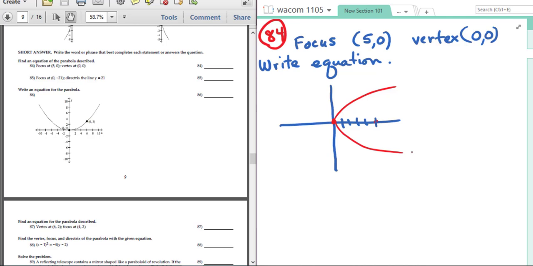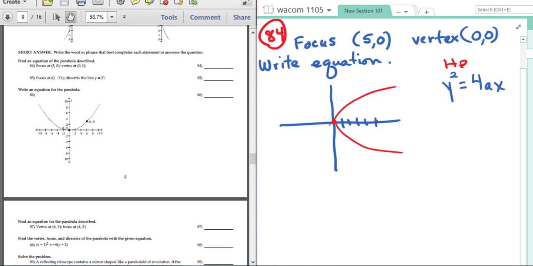And so horizontal parabola, we'll get our formula back. We are going to have vertex 0, 0. So we're going to have y squared equals 4ax. And so we just need to figure out the a.